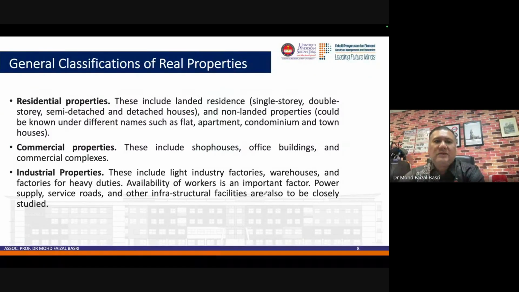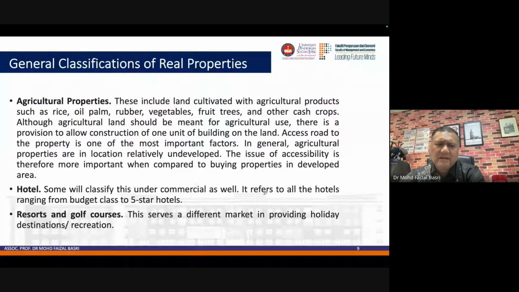Right, so this one I dah cerita tadi, nanti baca balik classification dia ada residential, commercial, industrial, agricultural, and on top of that dia letak kat situ jugalah hotels pun masuk dalam commercial, shopping malls pun masuk dalam commercial sebenarnya, and we have resorts and golf courses as well, termasuk dengan hospital.